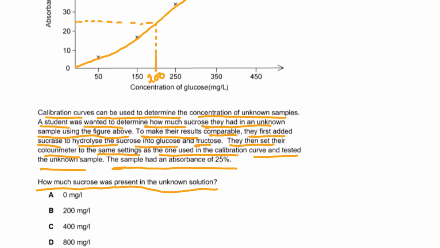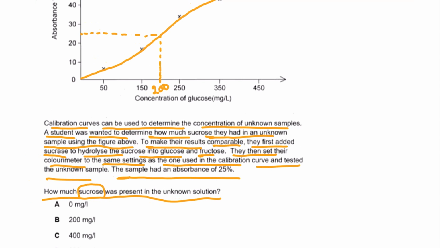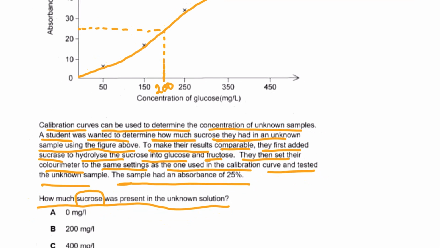And in this MCQ, they are asking about how much sucrose was present in an unknown sample. So what do you think? How much sucrose will be there in the unknown sample? Okay. So over here, from the 25% absorbance, we see that the concentration of glucose over here is 200 milligrams per liter.